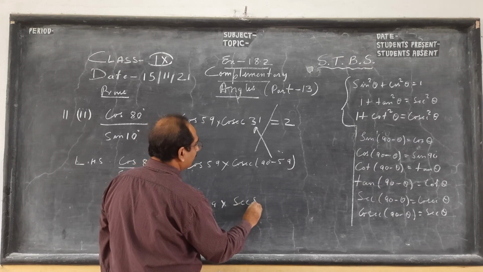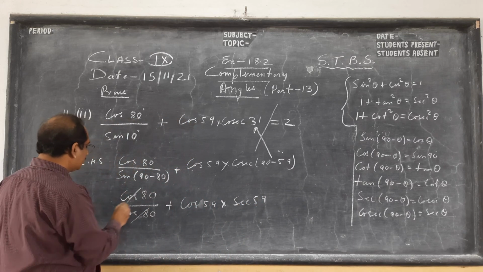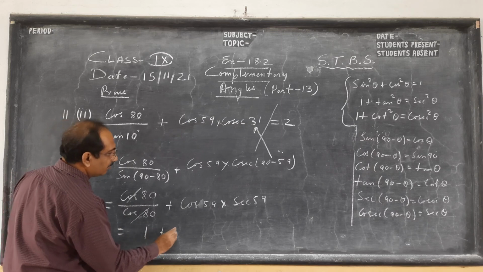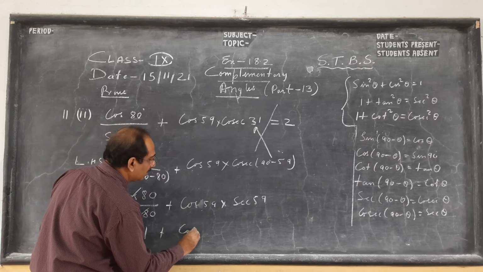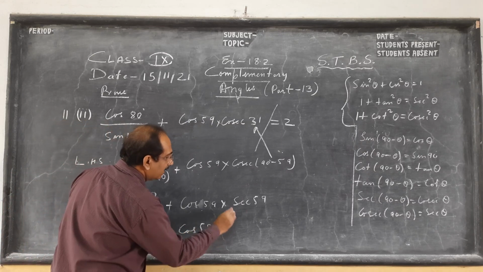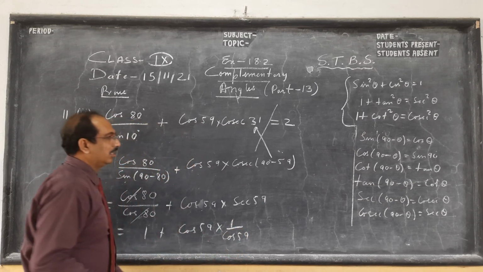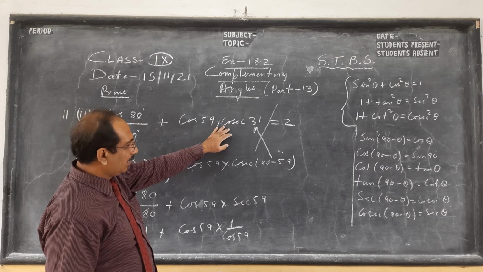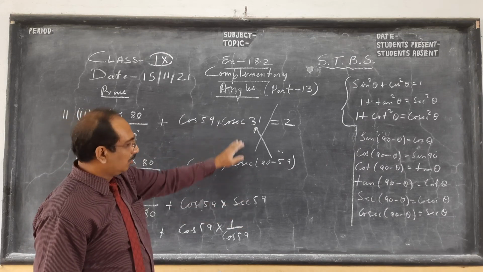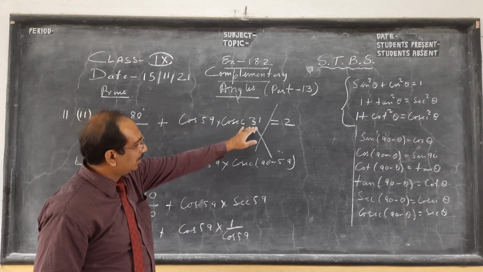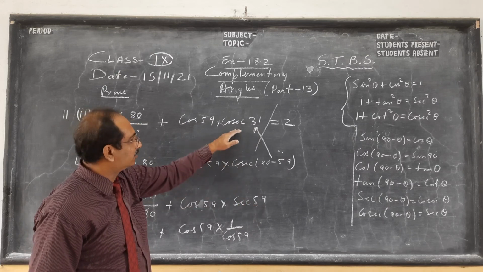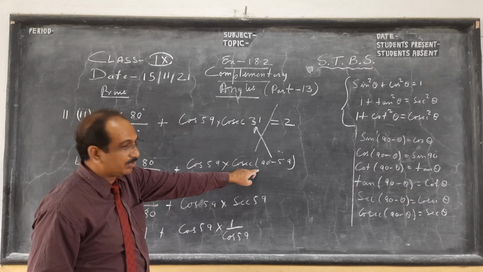So this is sec 59. Now what we see, children, this is 1 by cos 59 and sec is 1 by cos. So there are two things coming up. Cosec 31 I have converted to sec 59. Cosec and sec, and 31 plus 59 is complementary angle. So sec becomes cosec. But this step is very important.